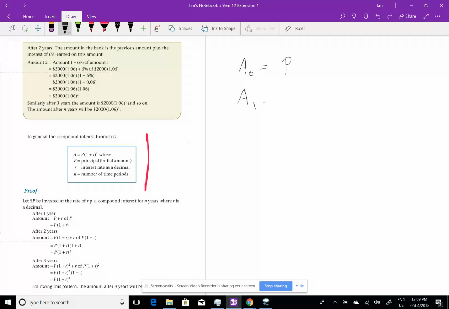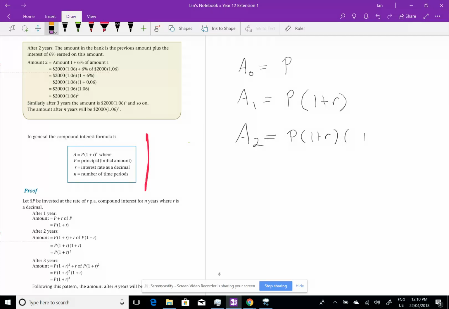And after 1 year, that principal has been increased by 100 and whatever percent. So 1 plus the rate of interest. After 2 years, I take whatever was in A1 and I multiply by 1 plus R again.